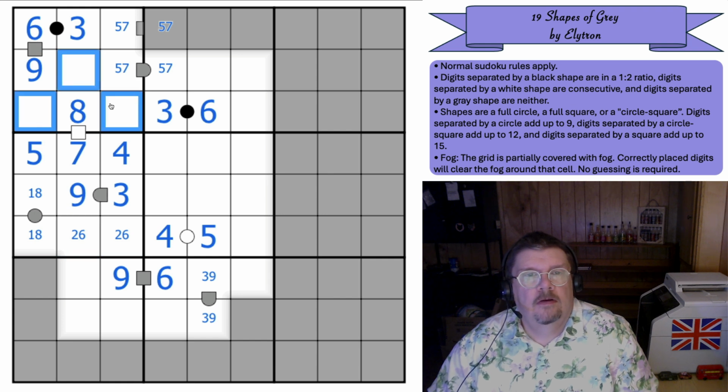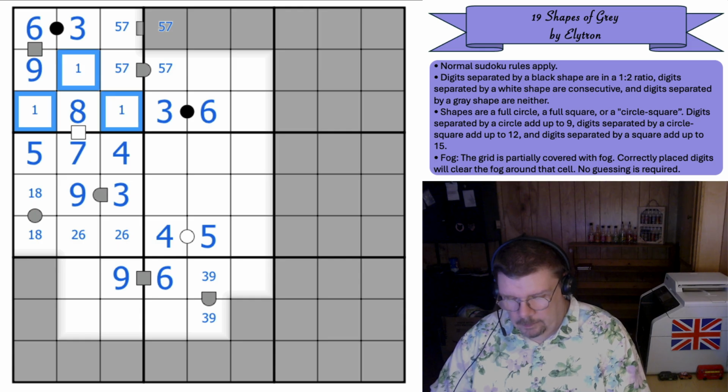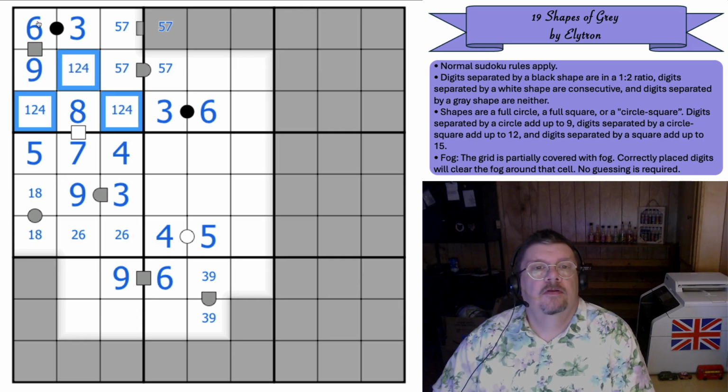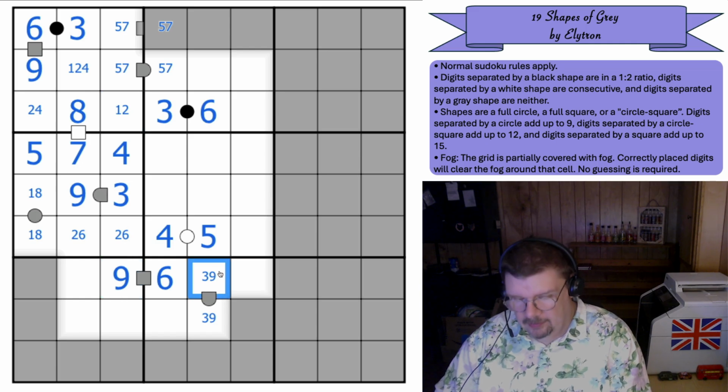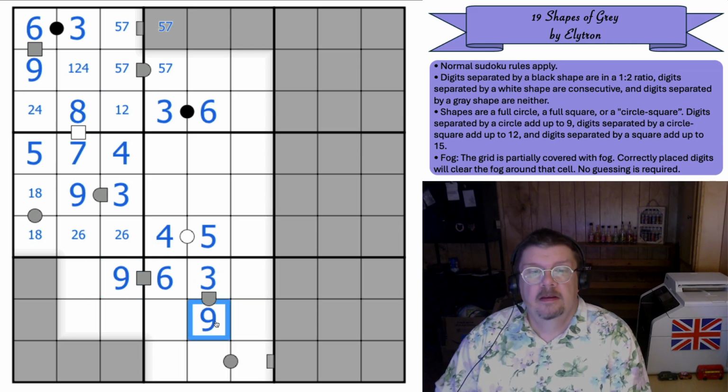So these three are 1, 2, and 4. To complete the box, that's not a 1, that's not a 4. This 9 is 3 and 9.